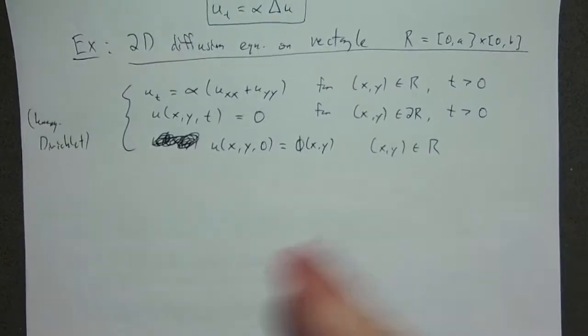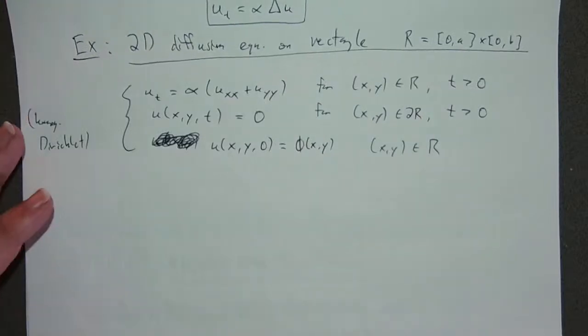And so here's exactly my homogeneous Dirichlet 2D diffusion equation on this rectangle R.